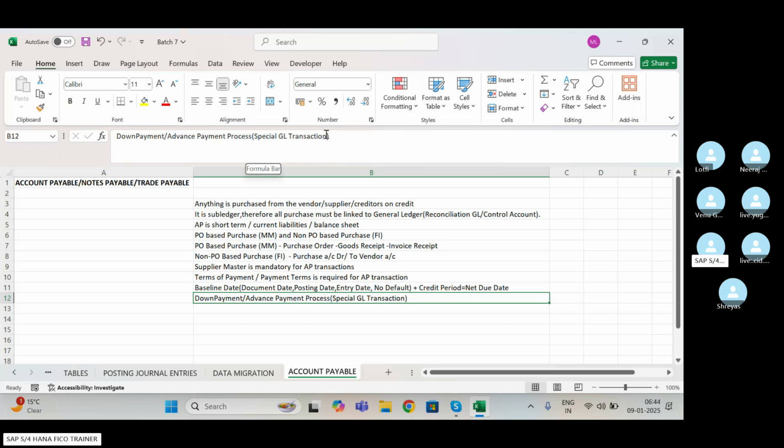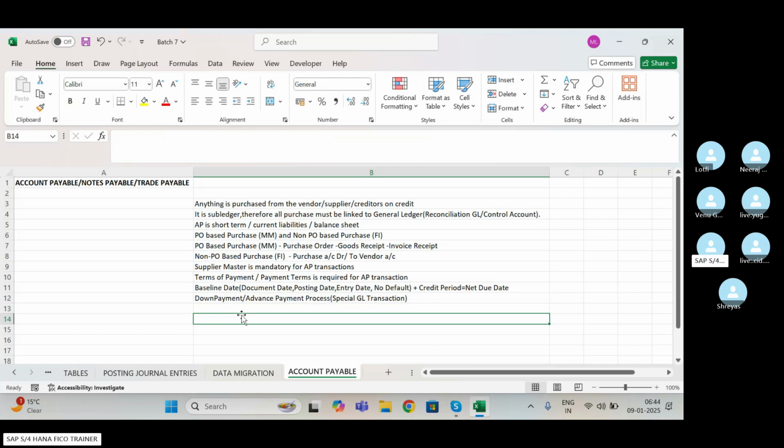So how to differentiate which is down payment, which is normal payment? So there is one indicator you have to handle from. So that is known as a special GL transaction. You'll understand in more detail. So it is very, very important knowing the special GL transaction or down payment process also.